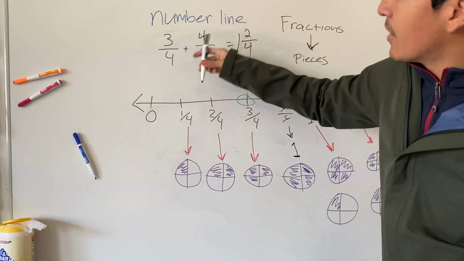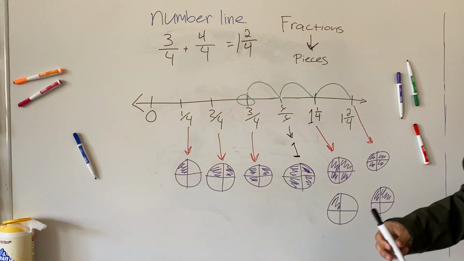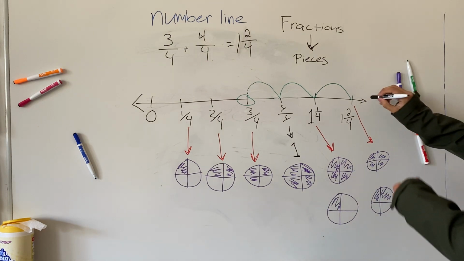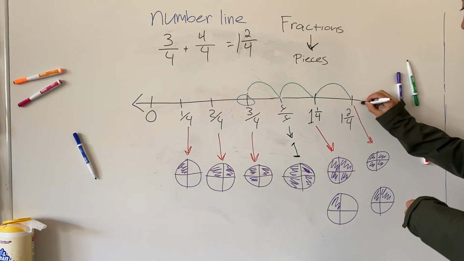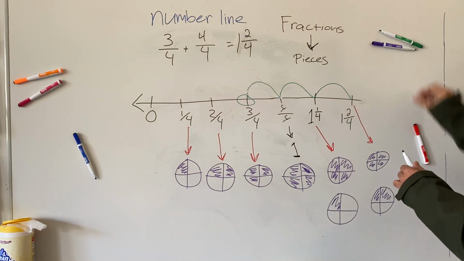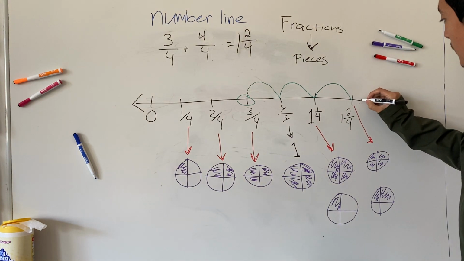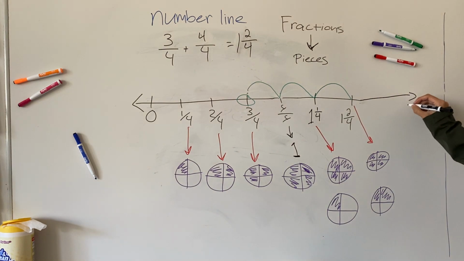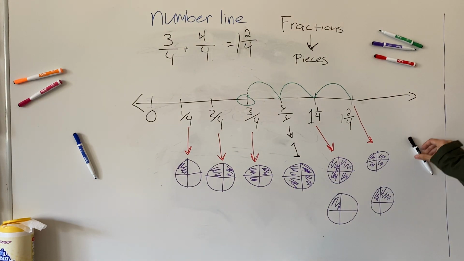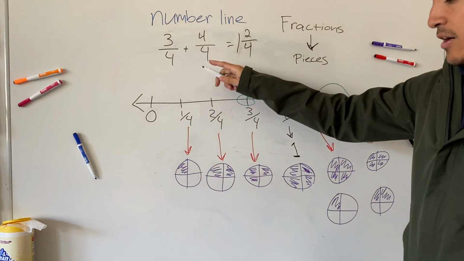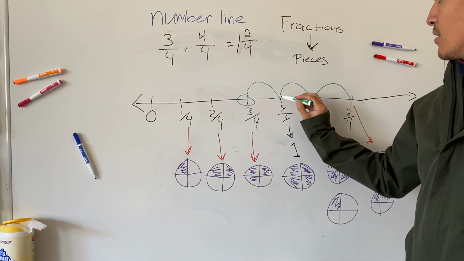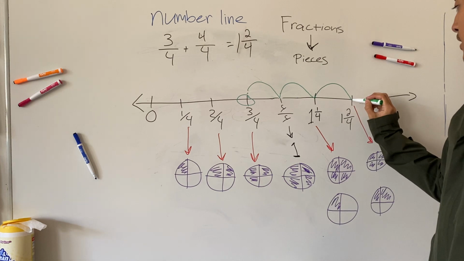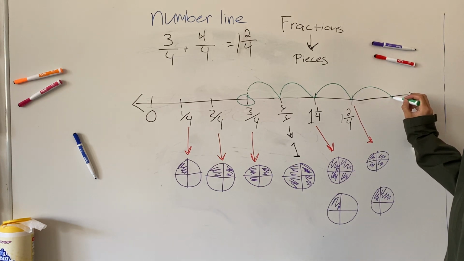Now you could probably guess what's going to be our next answer if I say, what happens if we add 4/4? Well, let's just make our number line bigger. We are counting 4 times now. We're starting off at 3/4. We're adding 4. 1, 2, 3, 4.